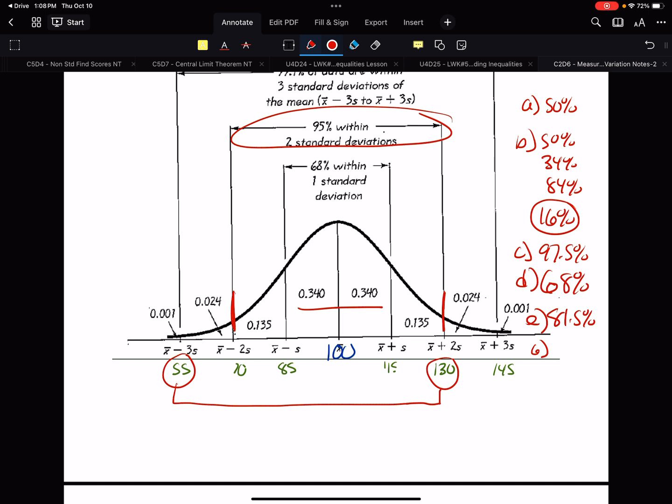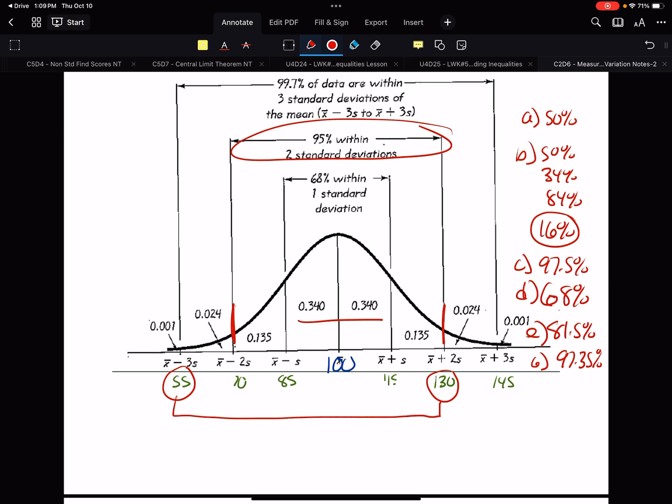So 95% plus in that situation, that extra 0.24, 97.35%. All right, that's the exact number. But I kind of shortened it with the little tail.